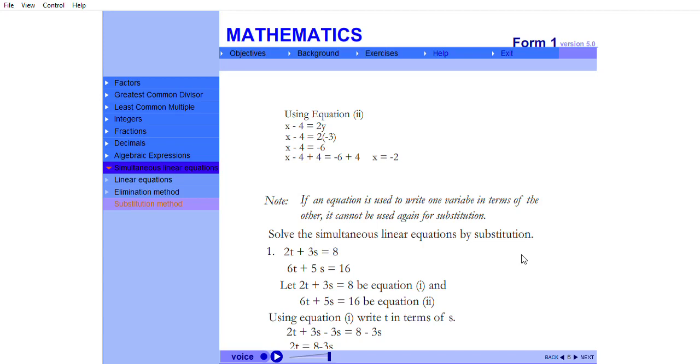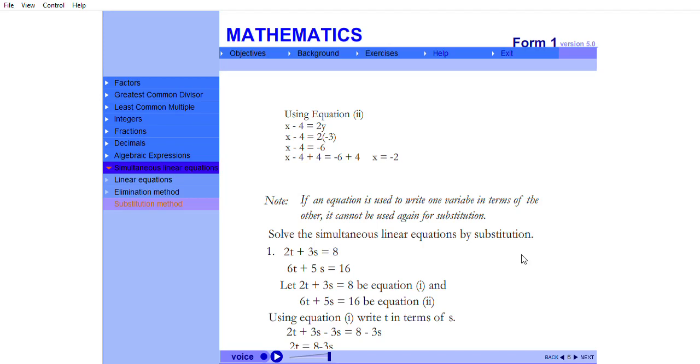1. 2t plus 3s is equal to 8. 6t plus 5s is equal to 16. Let 2t plus 3s is equal to 8 be equation 1 and 6t plus 5s is equal to 16 be equation 2.